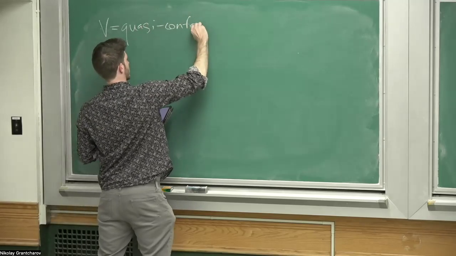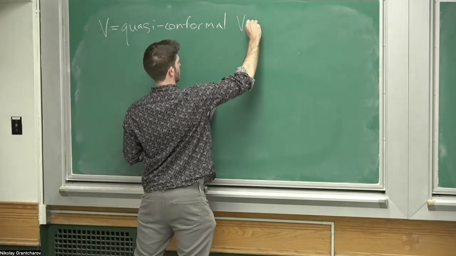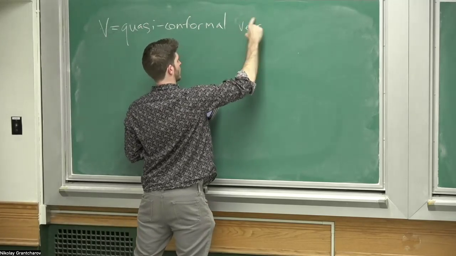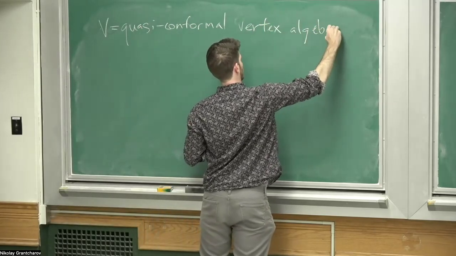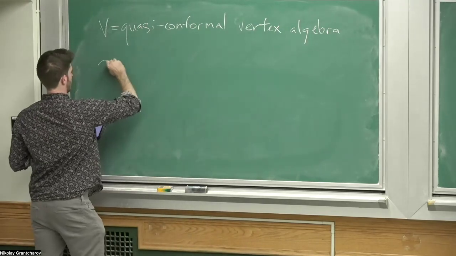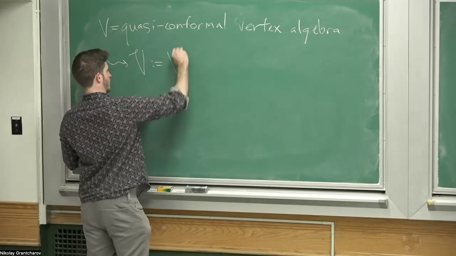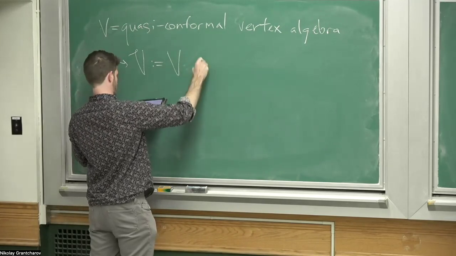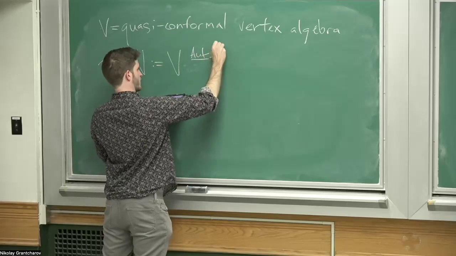Really, all I'm going to use here is the fact that Aut_0 acts on it as a vector space. I can construct this thing I'll call script V. It's going to be the associated sheaf.